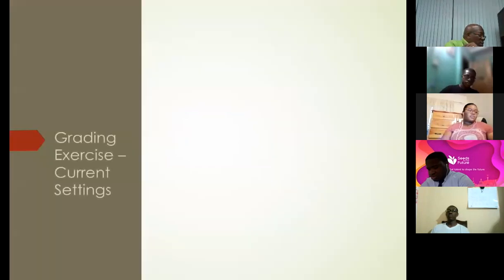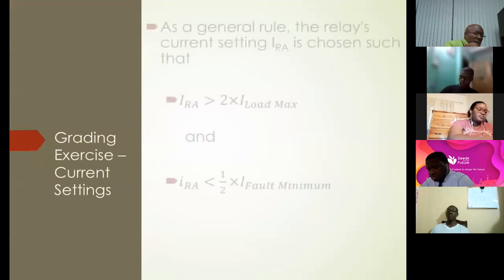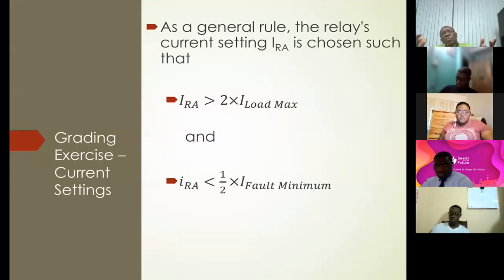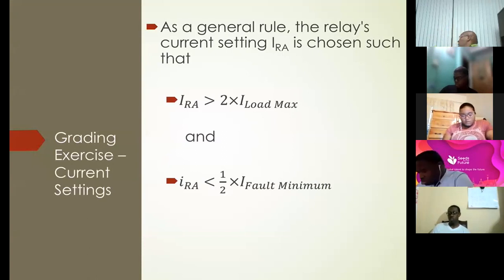So the rule of thumb I'm going to give you. In terms of our setting, we said that we would use the plug setting just above the load. And when we're doing the evaluation of our CT selection, we gave you certain percentages, or in terms of the selection, we worked out the percentage above load.